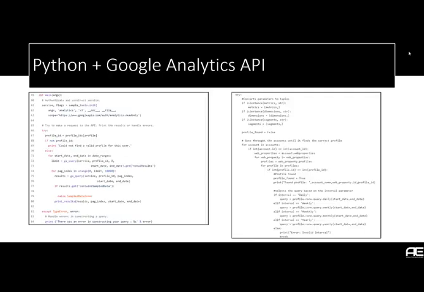So when you go to Google and search for how to download more than 5,000 rows from Google Analytics, the first results that you see are Python solutions and other solutions as well. There isn't an easier way to do it.